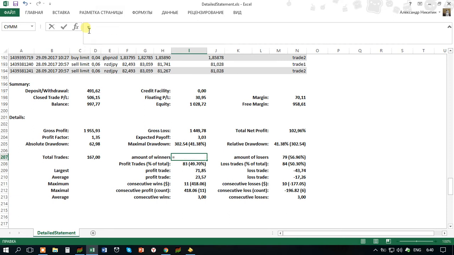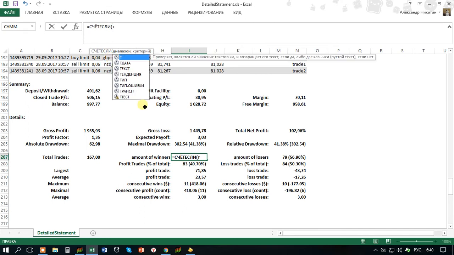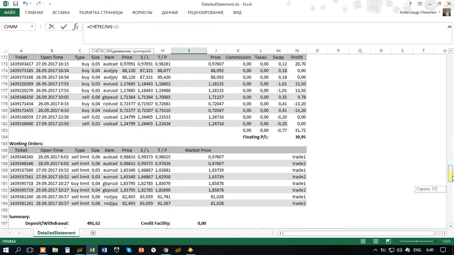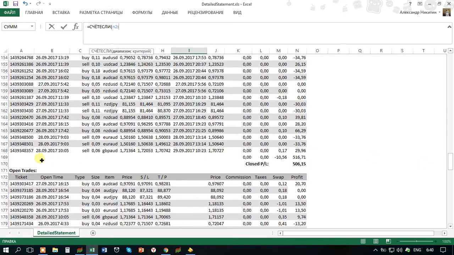It should equal COUNTIF, and then I have to decide the range from N2 towards where should I go, towards the last line. 168 is the last trade, and 168.